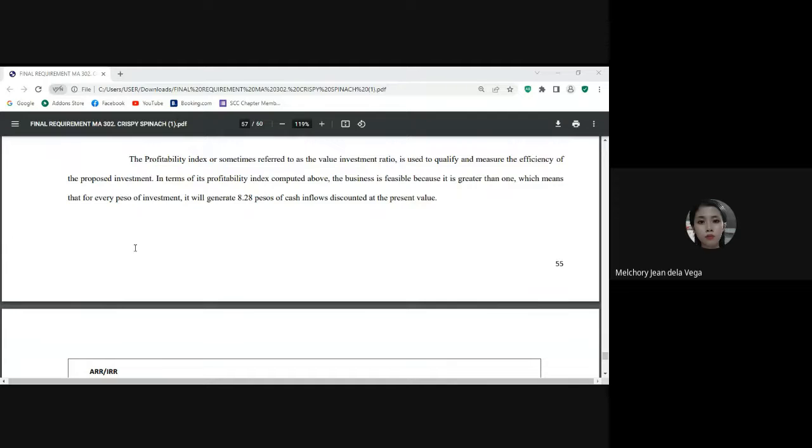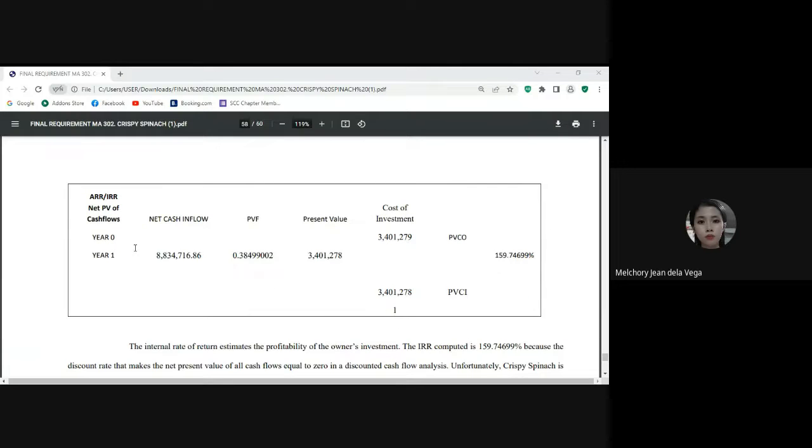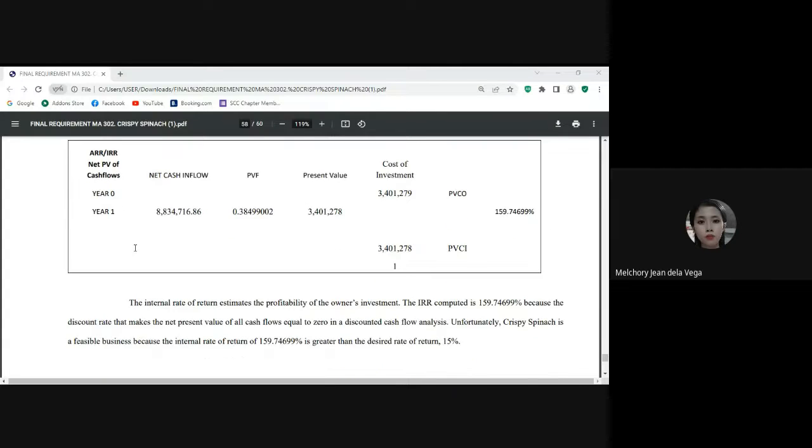Then the IRR, the net present value of cash flows, we have here 159.74699% of our cost of investment. The internal rate of return estimates the profitability of the owner's investment. The IRR computed is 159.4699%, because it is the discount rate that makes the net present value of all cash flows equal to zero.